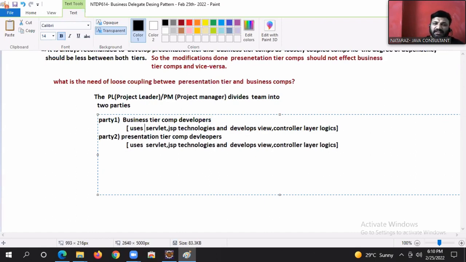Tell me, guys, what does the business tier use? Java classes with Spring or Spring with Hibernate to develop business logics and persistence logics.